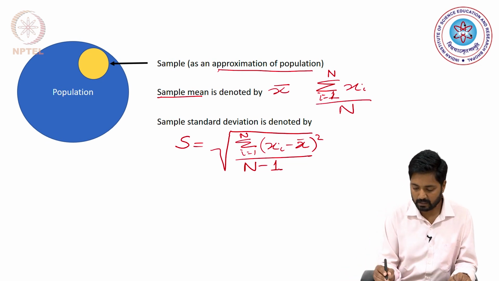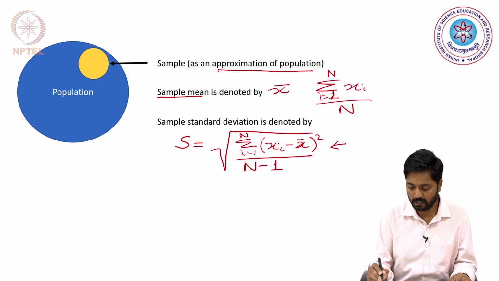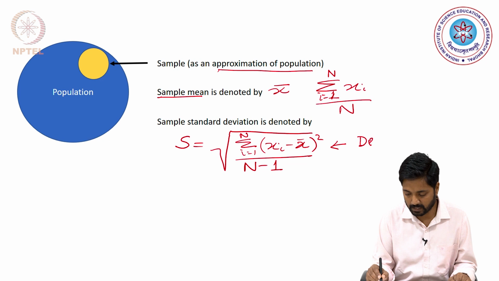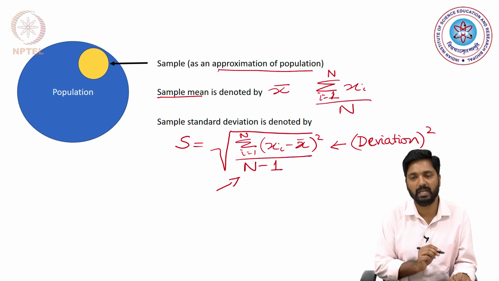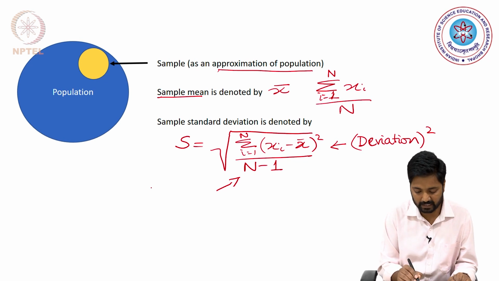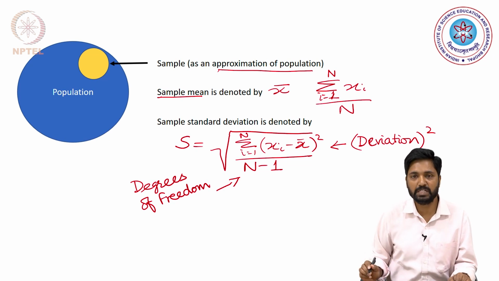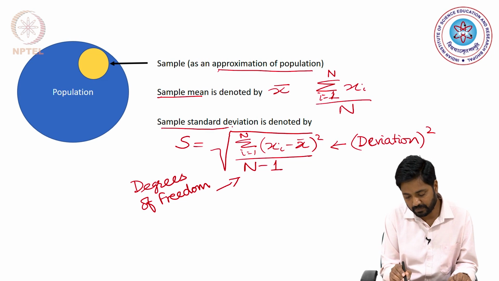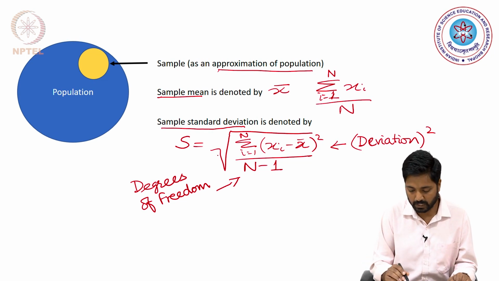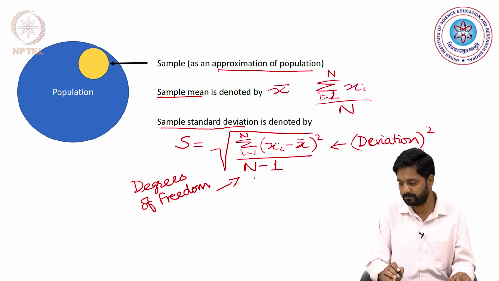So, here the numerator is nothing but what we call the deviation squared, and the n minus 1 value comes from the fact that for small samples we use the degrees of freedom. So, essentially the sample standard deviation boils down to the square root of the deviation squared divided by the degrees of freedom.